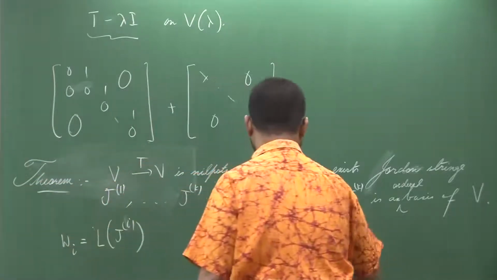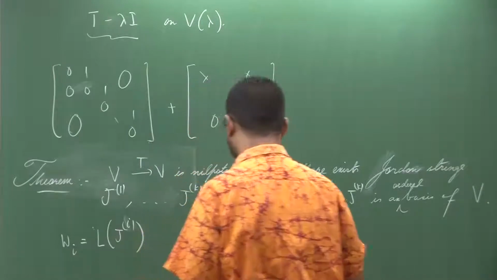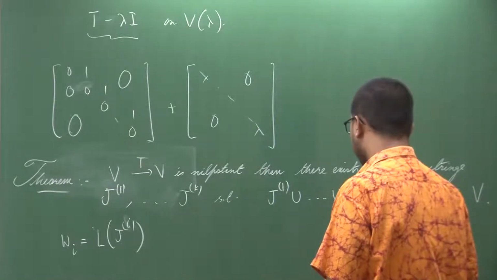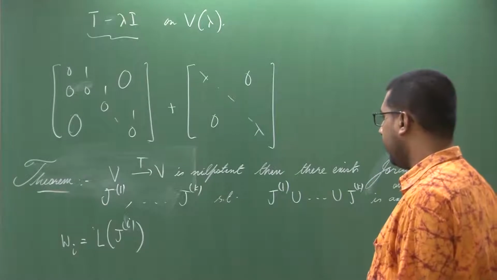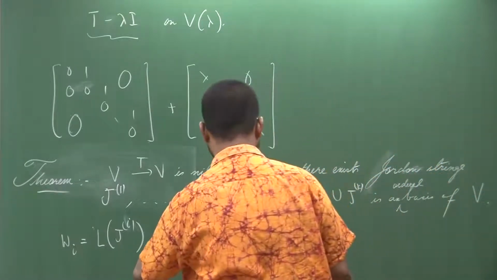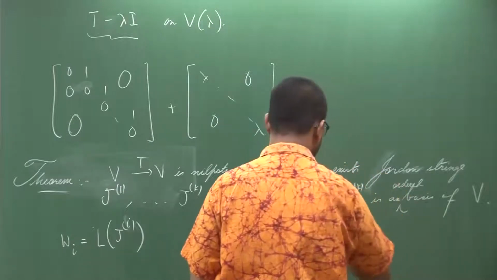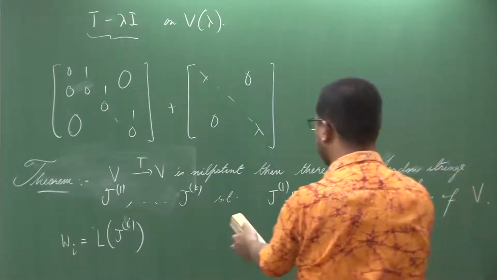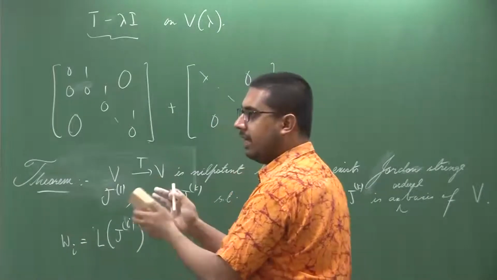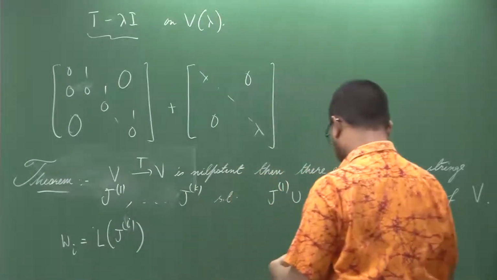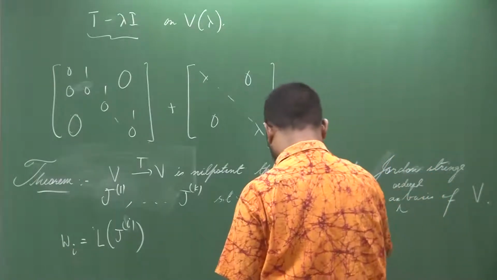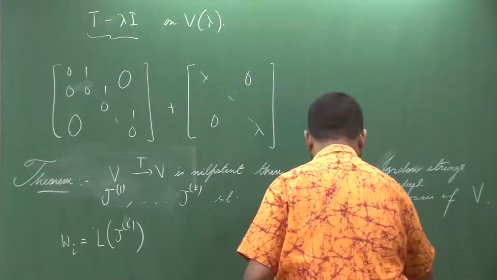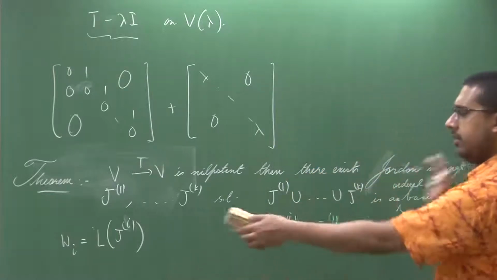Since this is a basis, well, I further need to mention that because of the way I have written it, it might seem that Ji and Jj might overlap, so I should further insist that for i not equal to j they are different.